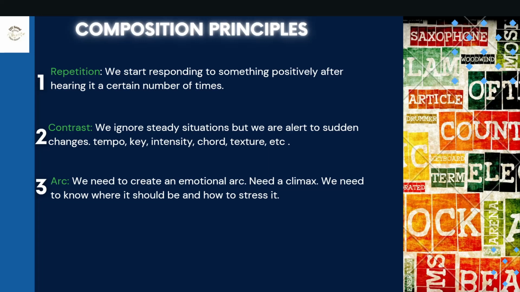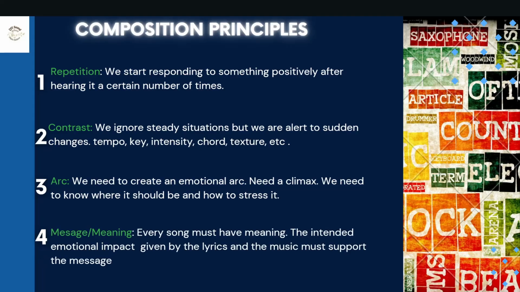So make sure that you look into that and say, this is the right time, and the climax will be in this spot over here. There could be a chorus or anything, a solo of an instrument, and so forth, and make sure you stress it as much as you can, because people react to that very much.